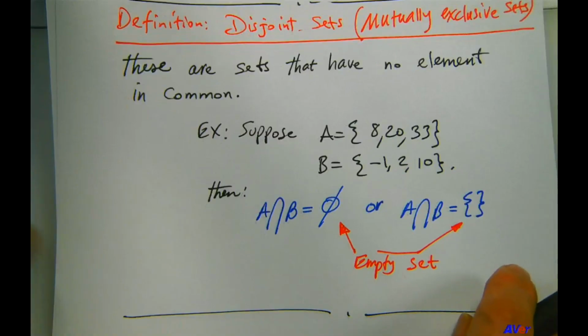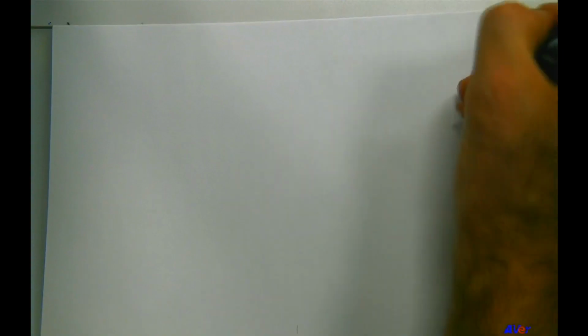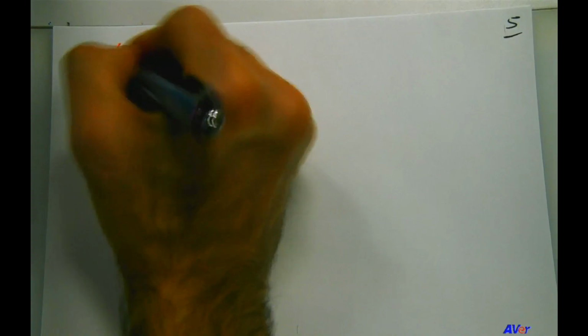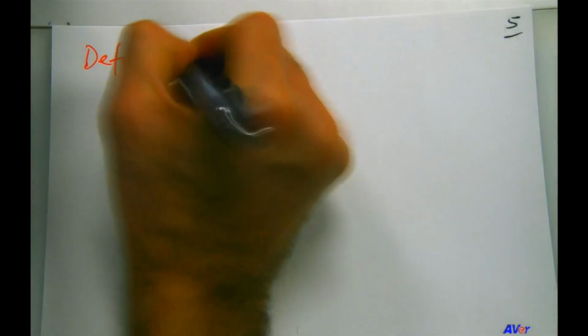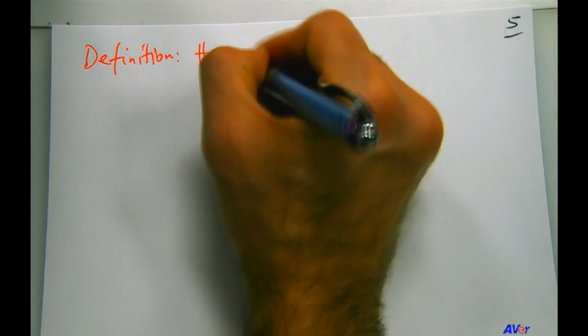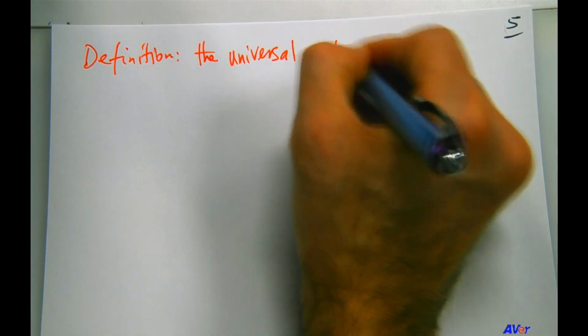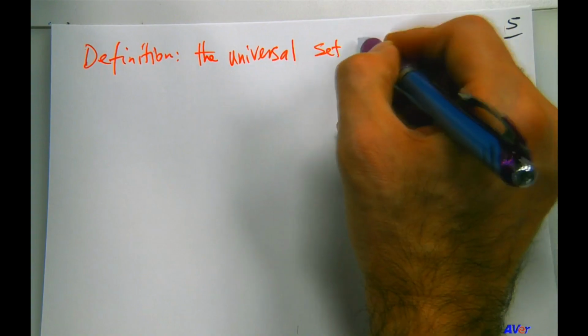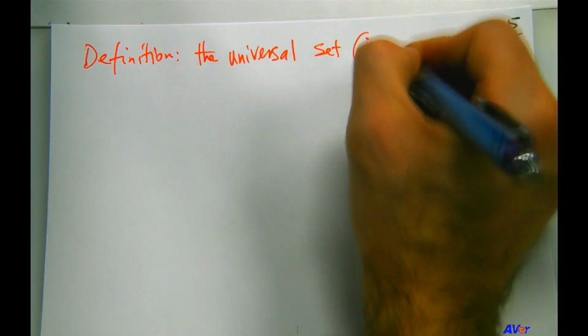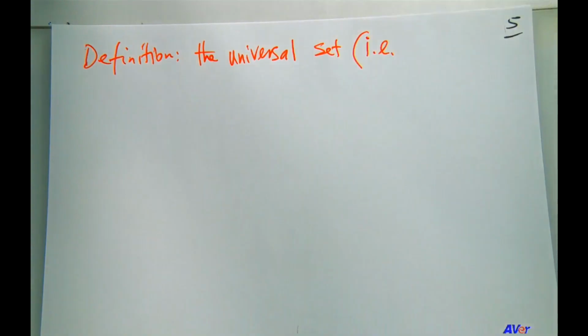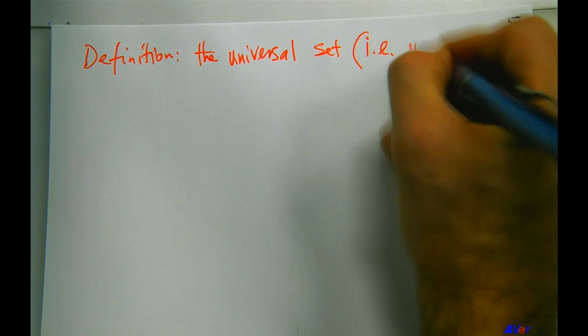So on to the next definition, and the universal set, and I'll just add it, i.e. the sample space.